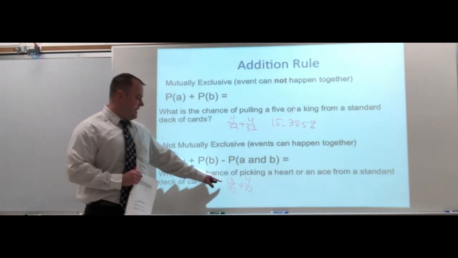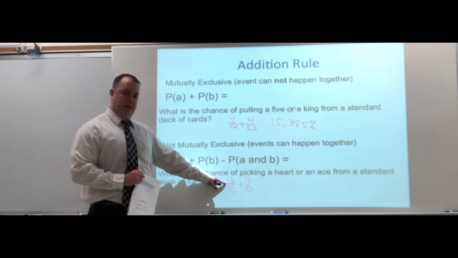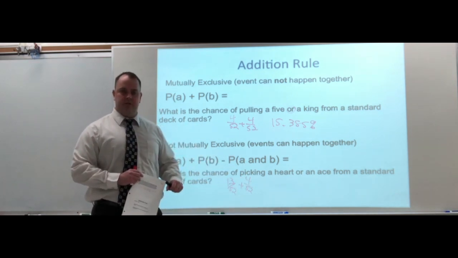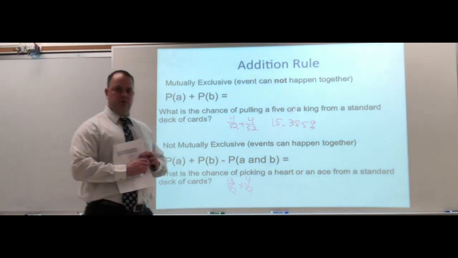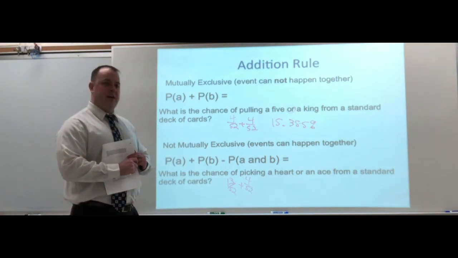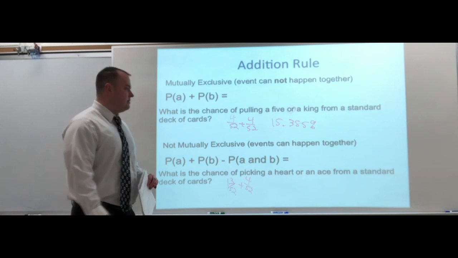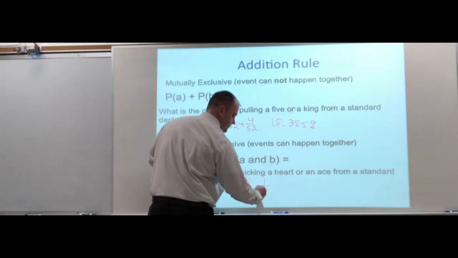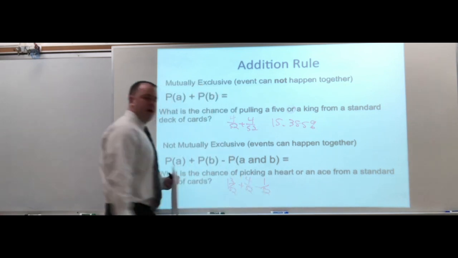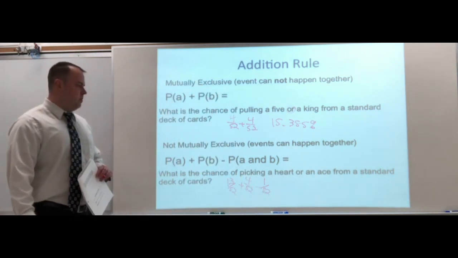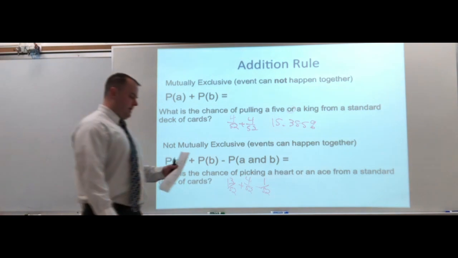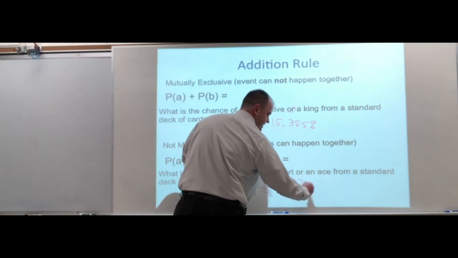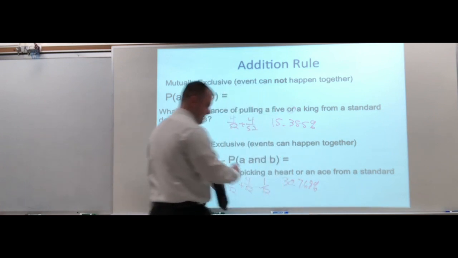That heart is being counted here, and the ace is being counted here. It's being counted 2 times, so we need to take one of those away so it's not inflating our probability. There is 1 heart that's also an ace, so I'm subtracting 1 over 52. Again, let the calculator do that for you. 30.769%.